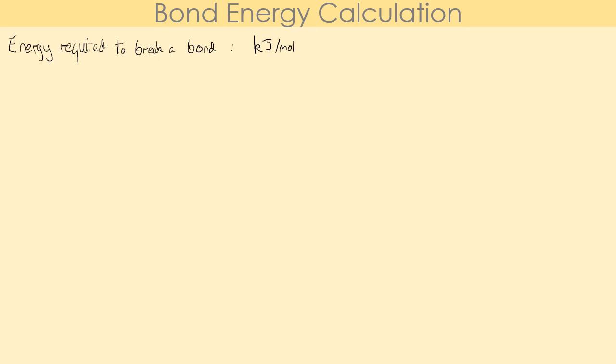We're going to have a look at an example: hydrogen plus iodine to make hydrogen iodide. This is now balanced. We're now going to work out if this is endothermic or exothermic. You are given the bond values.